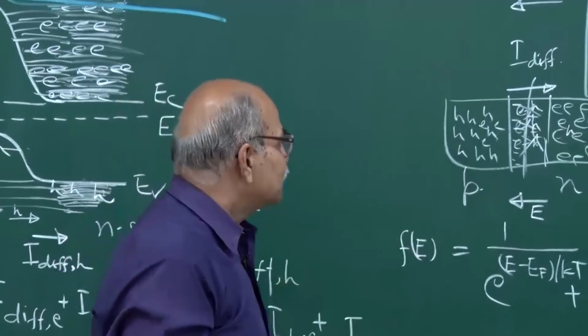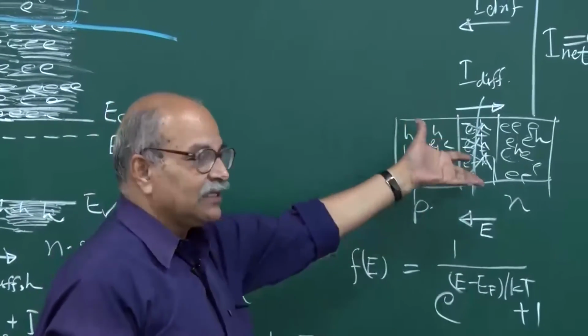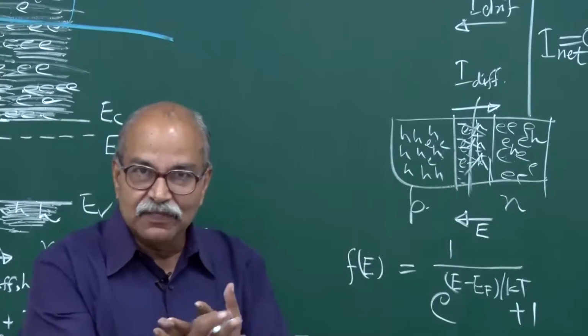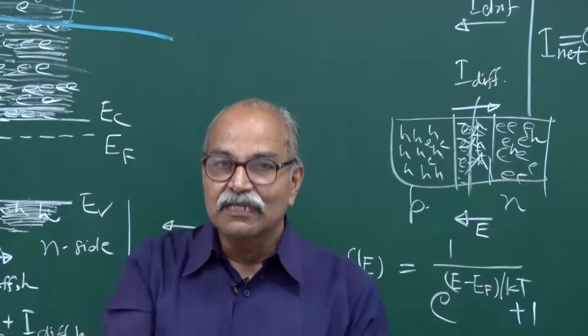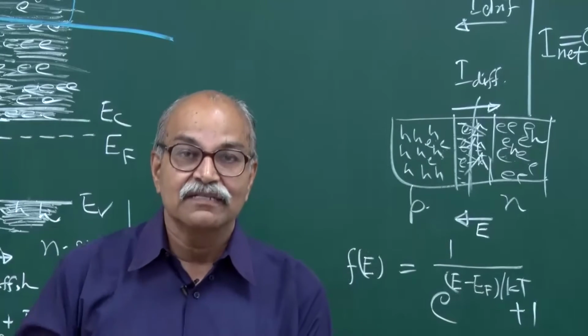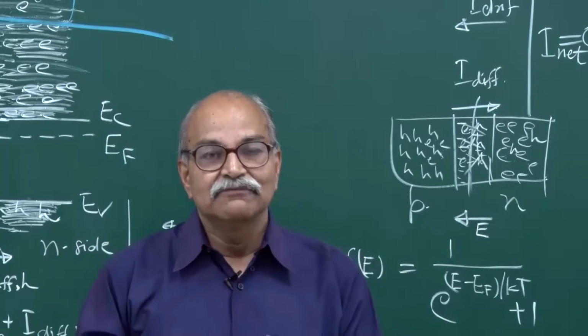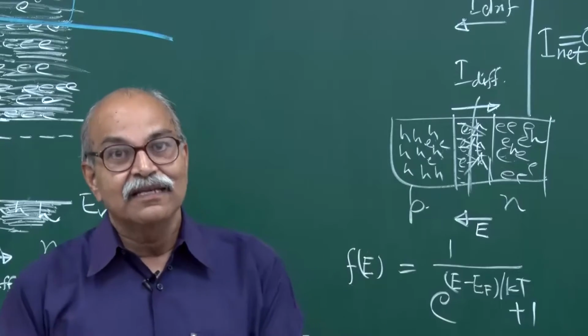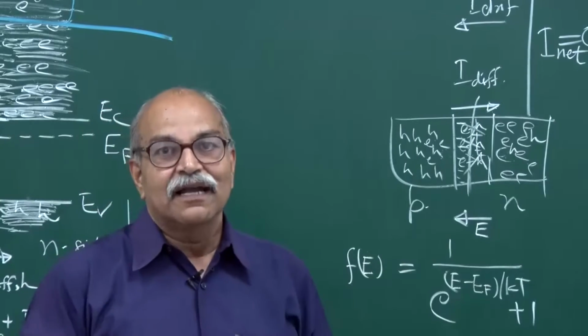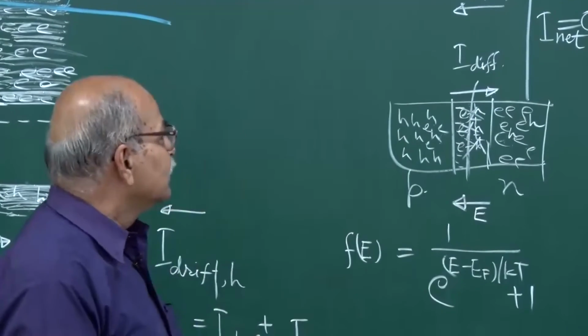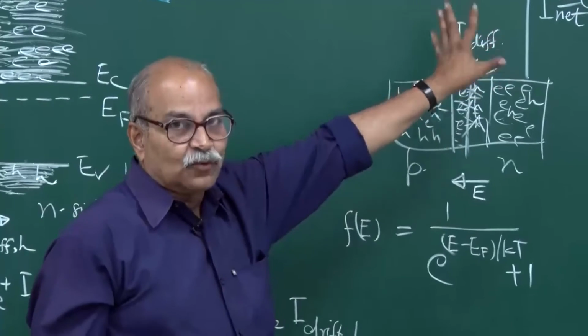I will not go into that, but it is happening. And because of majority carriers, you have some kind of migration of charges. Then minority carriers also contribute another kind of current, but the net total current is 0.